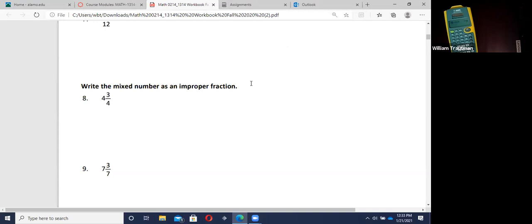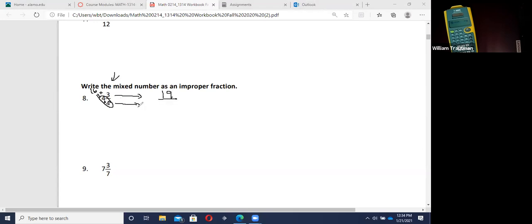But let me do it the long way first, and then I'll do it on the calculator. It's the same buttons on the calculator, but you have to type in a mixed number. But let's do this first. This is how you change a mixed number to an improper fraction. If you remember from grade school, you multiply the whole number with the bottom. 4 times 4 is 16. Then you add it with the top. 16 plus 3 is 19.